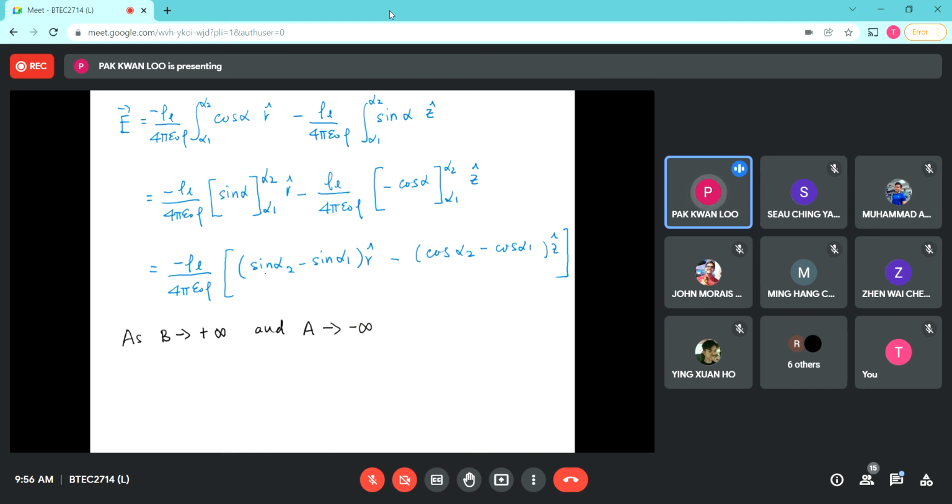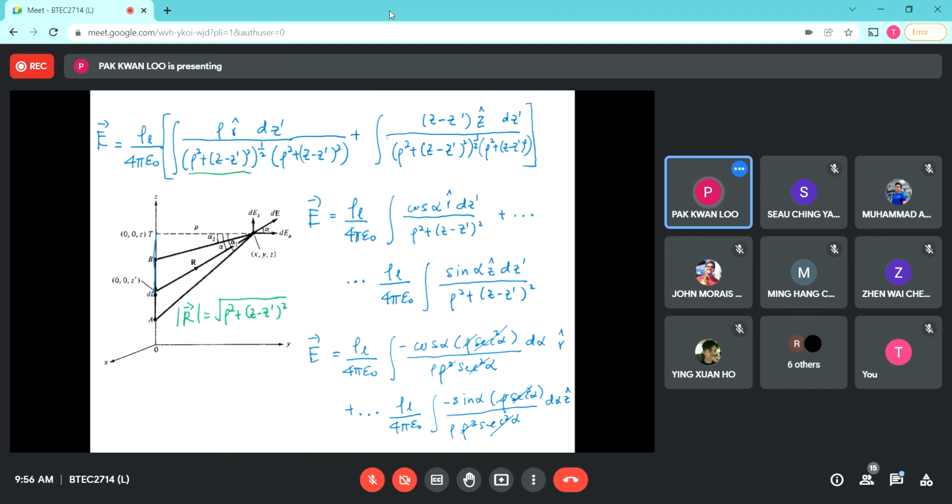I want you to look at this diagram again. Alpha 1 is a measure. Let's say you are at this point here, so this is the observation point.